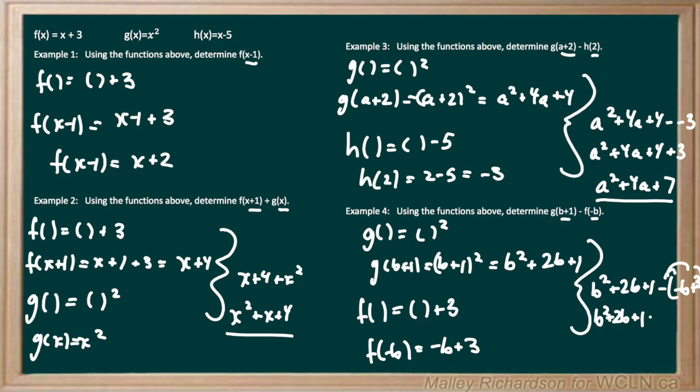Negative 1 times negative b gives us positive b, and then negative 1 times positive 3 gives us negative 3. Now we can combine this 2b and this b, and this positive 1 and this negative 3. So we get b squared plus 2b plus b gives us 3b, plus 1 minus 3 gives us negative 2. So b squared plus 3b minus 2 is our final answer.